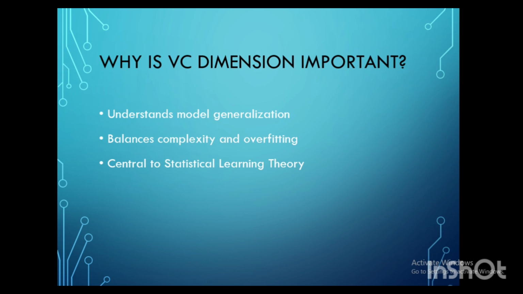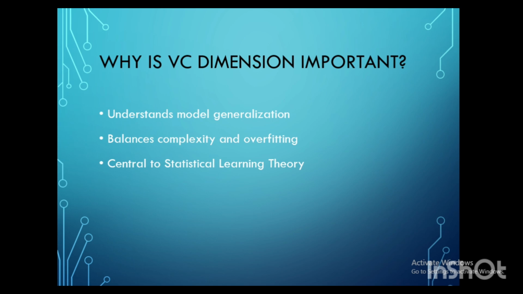A low VC dimension may lead to underfitting. The model will be too simple. VC dimension helps us balance this risk and choose suitable models. Understand model generalization, balance complexity and overfitting, and central to statistical learning theory.